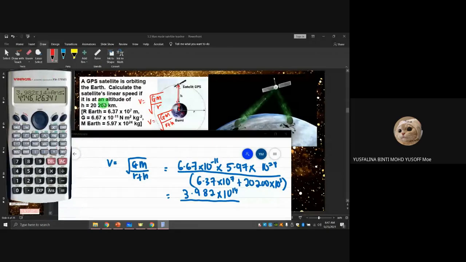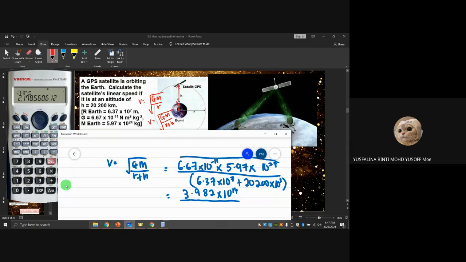Am I missing anything? 20,200 kilo is 10 to the power of 3, right? Oh, I didn't square root the answer, sorry. So square root the answer. Yes. So 2,178.56 meter per second. Sorry, I forgot to square root the answer. So you got the answer. Okay, so correct.